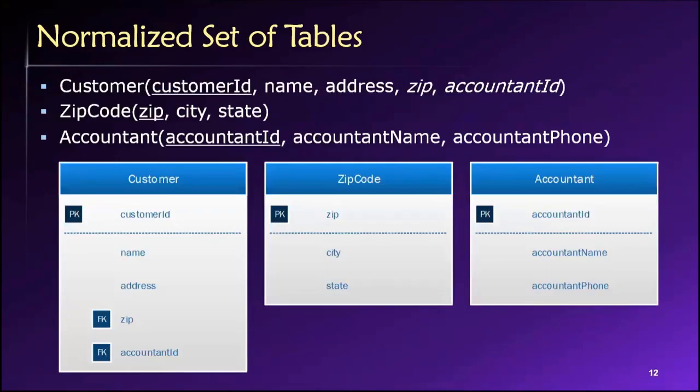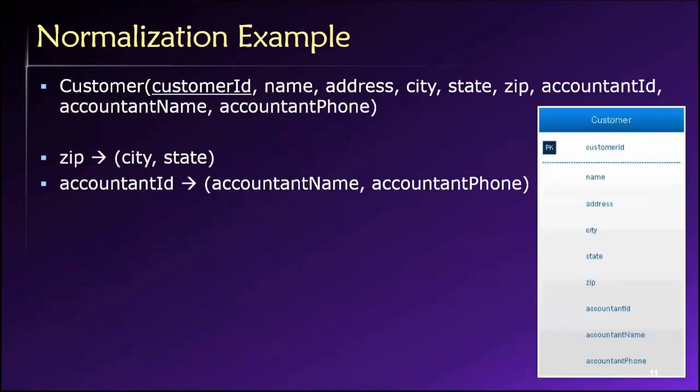Now, if you recall from last time, we were looking at this fully normalized design where we had taken this big list of data, in this case, what we're calling a customer table, but we see that it has some dependency relationships in it that indicate to us that it's not fully normalized. So for example, accountant name and accountant phone depend on accountant ID rather than on the primary key of the table, which is customer ID.